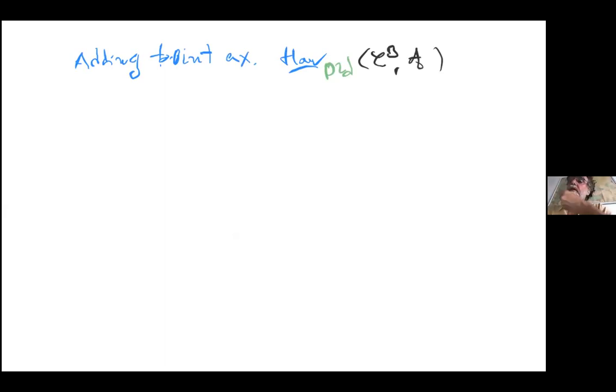So now you see that if you make A vary, you get functors.